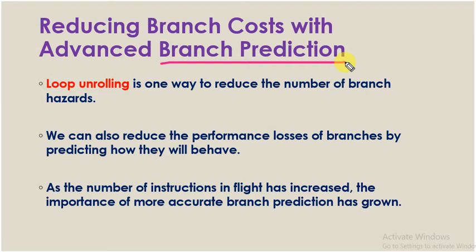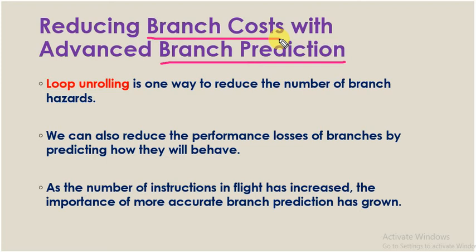If we have such a prediction, we can reduce the branch cost. If we have a large number of branches, these branches create more cost within the given set of instructions in a program.